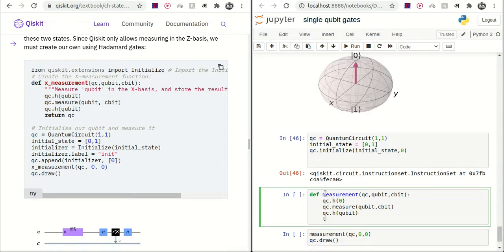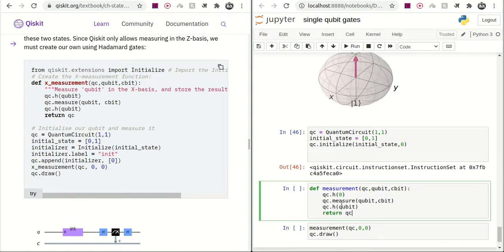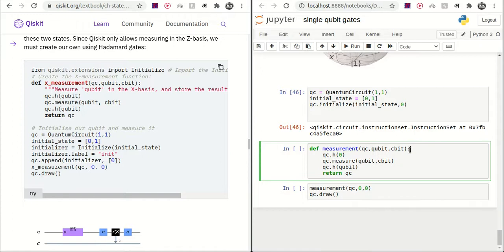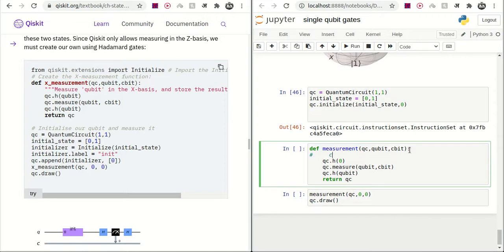So what have we done? We first converted from the z basis to the x basis using Hadamard.